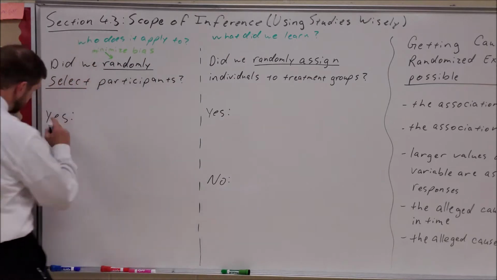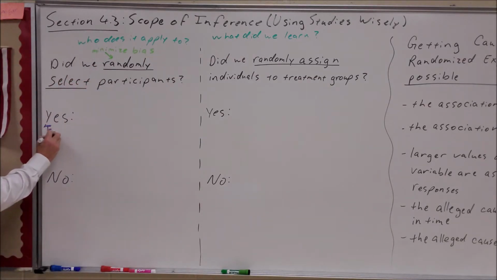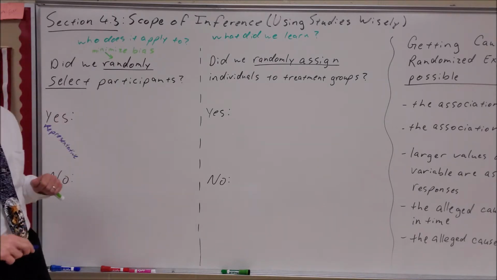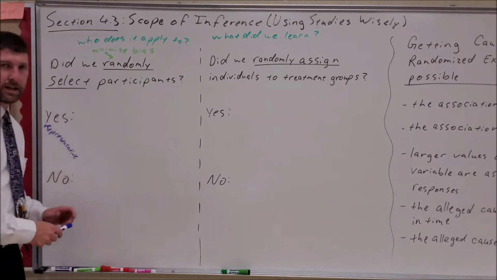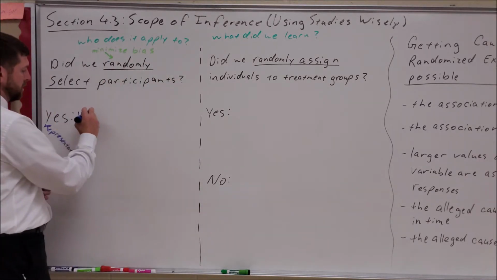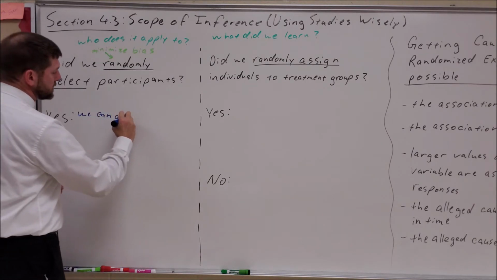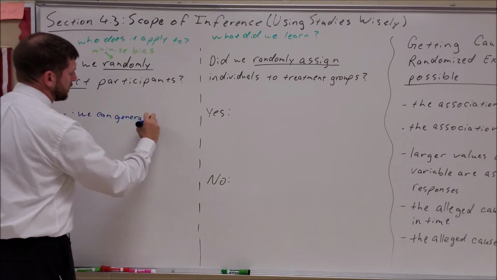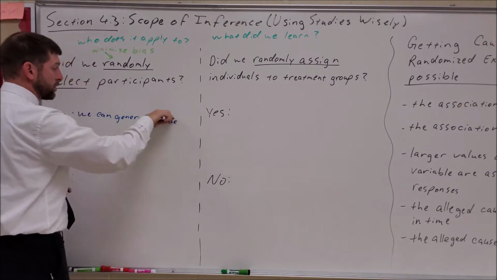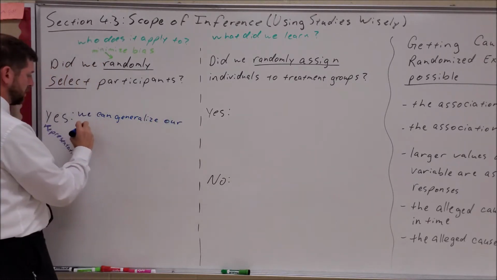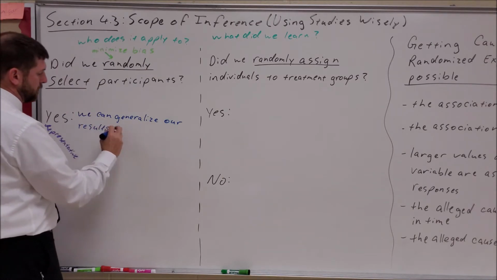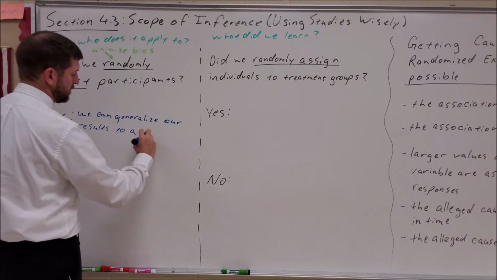So if we're answering yes to this question, yes, we have a representative sample, yes, we randomly selected participants for the study, what we conclude is that we can generalize our results to a greater population.